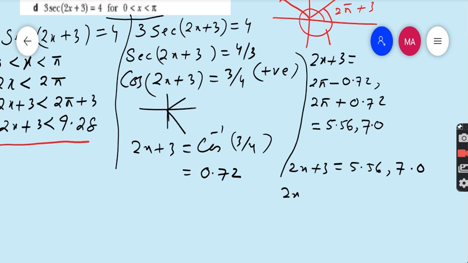So first 2x is equal to 5.56 minus 3 and 7.0 minus 3. So 2x is equal to 5.56 minus 3, which is 2.56, and 7.0 minus 3 is 4.00.